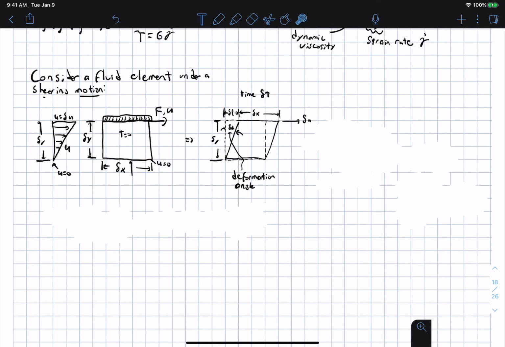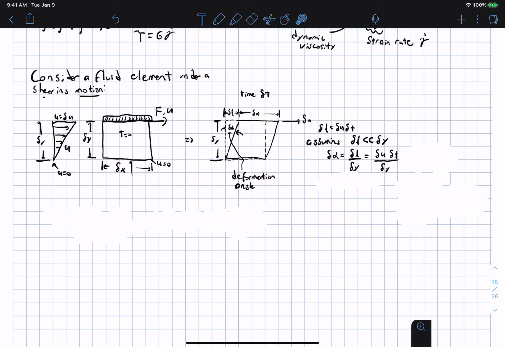Okay, so we can relate, and we know how fast we are pulling the top. We are pulling the top at some velocity delta u, or u for that matter. And so delta L is simply the velocity times time. So basically the total amount that it's deformed is related to how fast the top is moving and how long we have moved it.